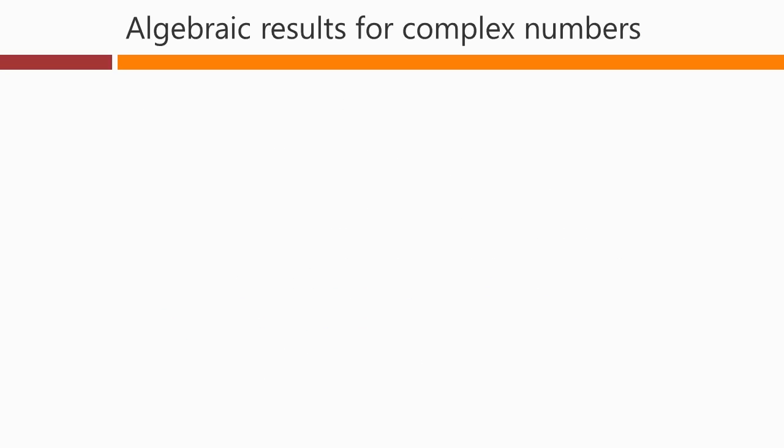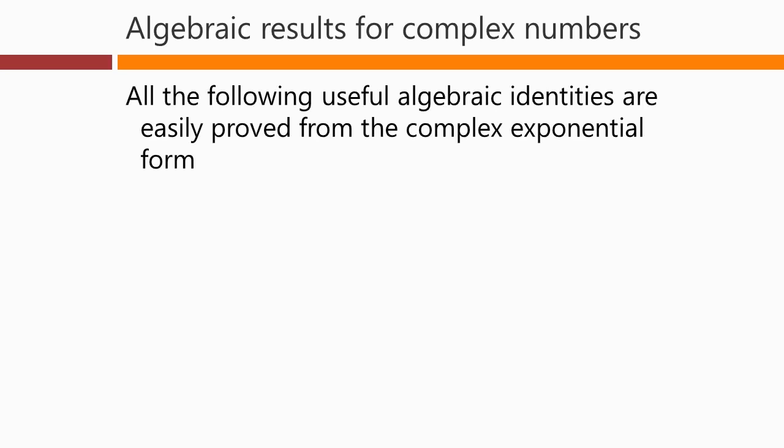Finally then, let's just end with a few useful algebraic results here and some formulas that we can deduce using the complex numbers. So there are many algebraic identities we can come up with that we can prove rather easily with the complex exponential form. So this one is very easy to prove using complex exponentials, that the complex conjugate of the product of two numbers is just the product of the complex conjugates.